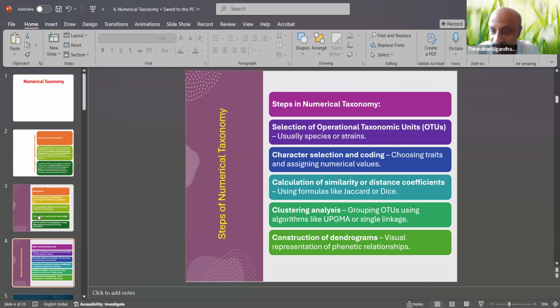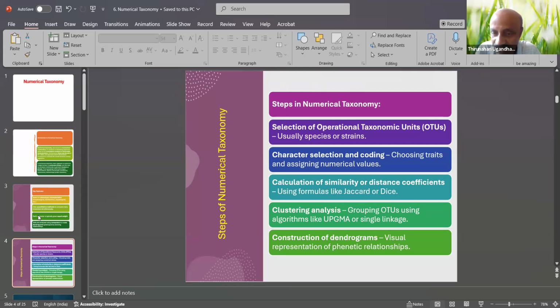Then calculation of similarity or distance coefficients using formulas like Jaccard and Dice.